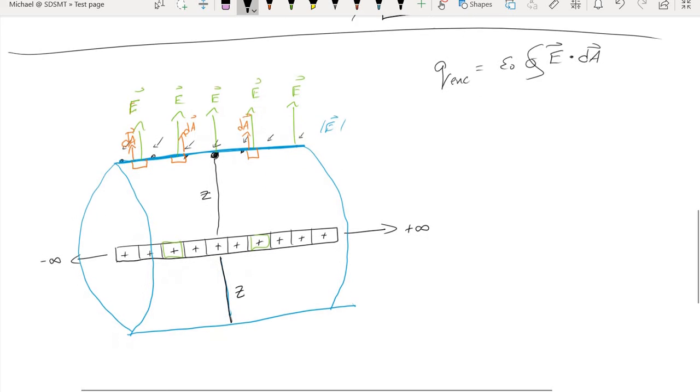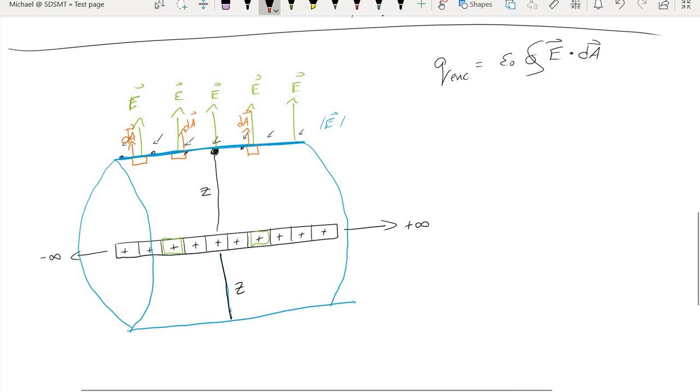And this will also be true as we go all the way around the cylinder. Those electric field lines are going to point radially outward.